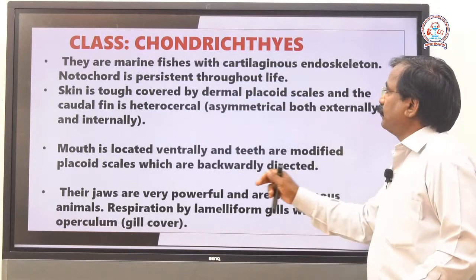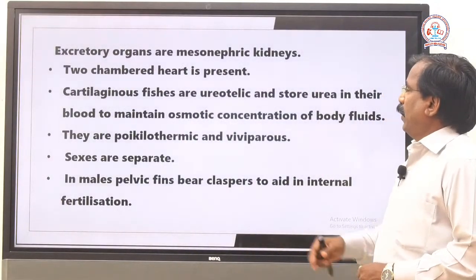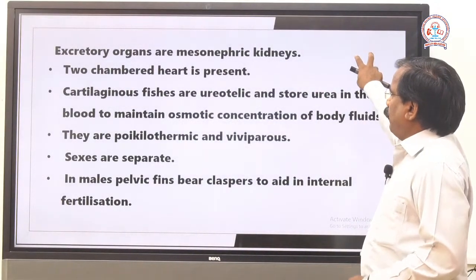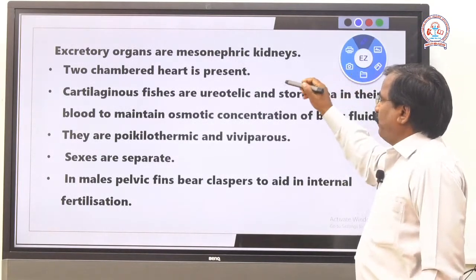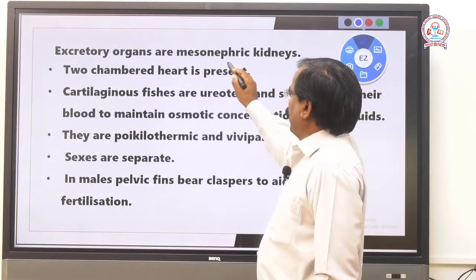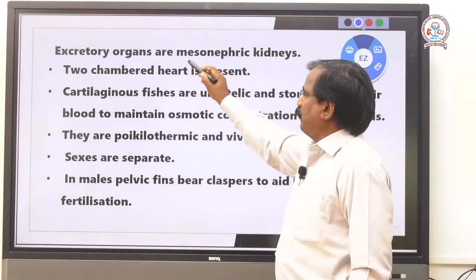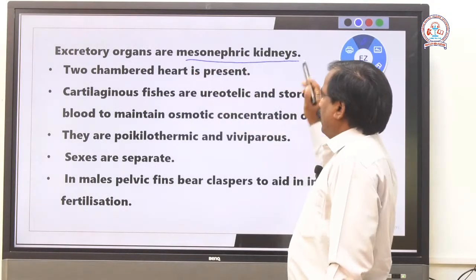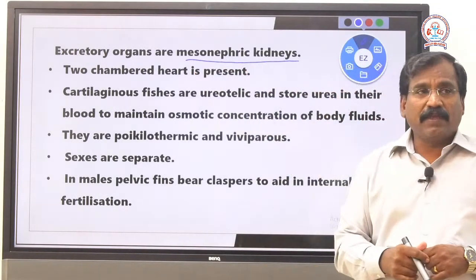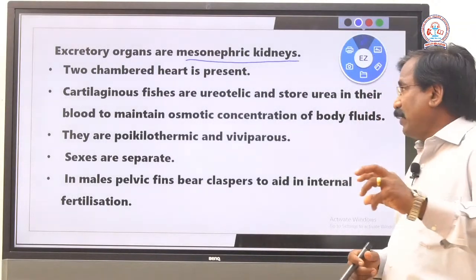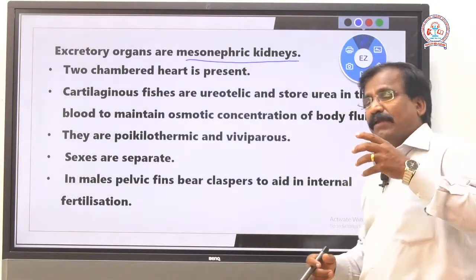The next, excretion is by the mesonephric kidney. The kidney is developed, it is a mesonephric kidney. The nephron is not highly advanced.